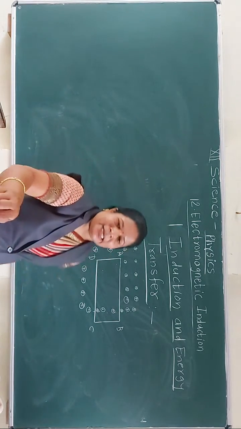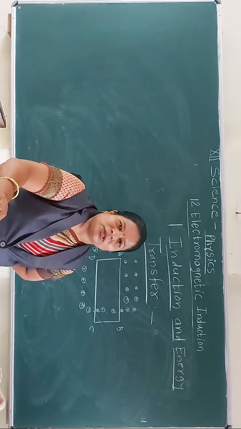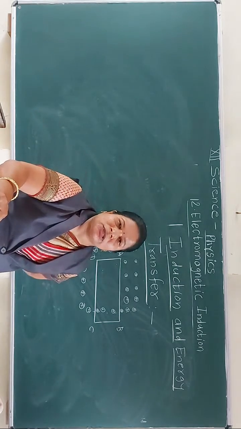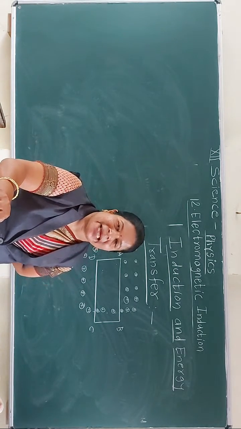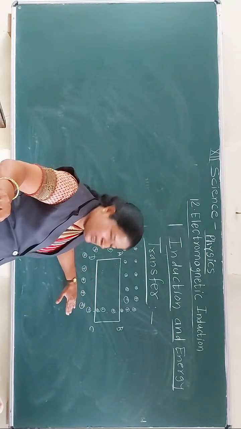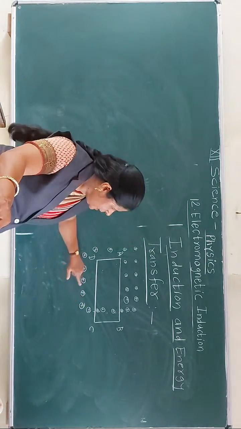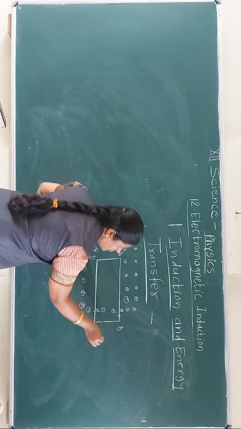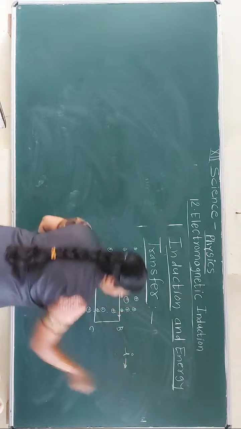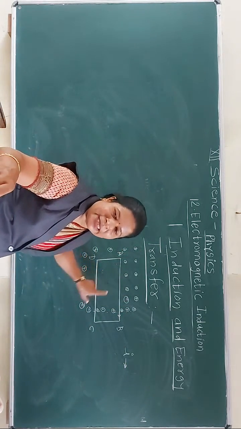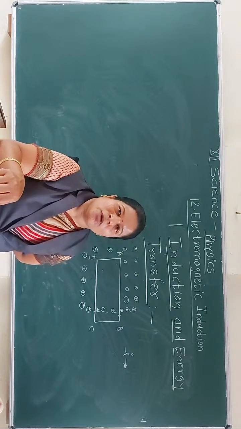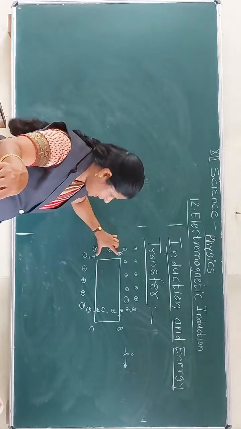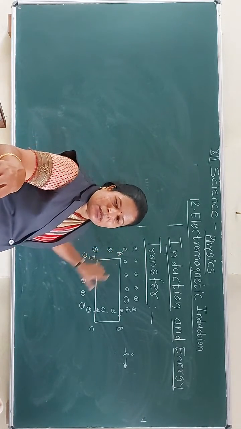The loop A, B, C, D is moving with a constant velocity V in a constant magnetic field as shown in this diagram. A current I is induced in the loop in the clockwise direction.